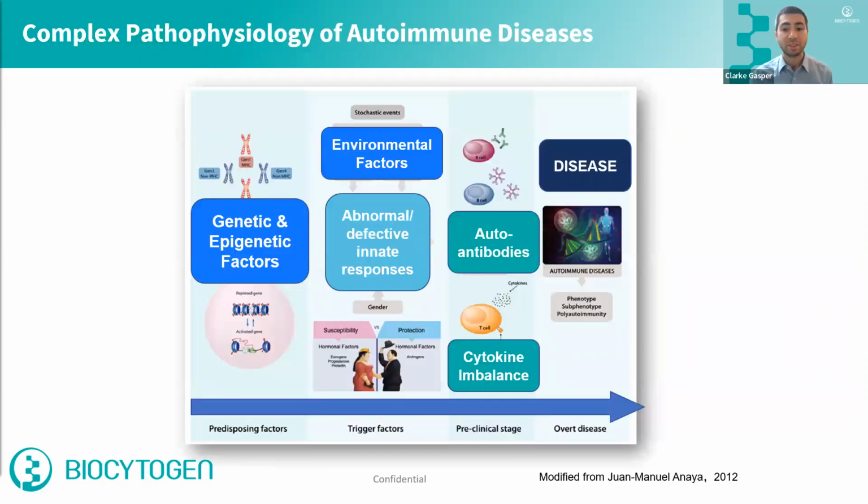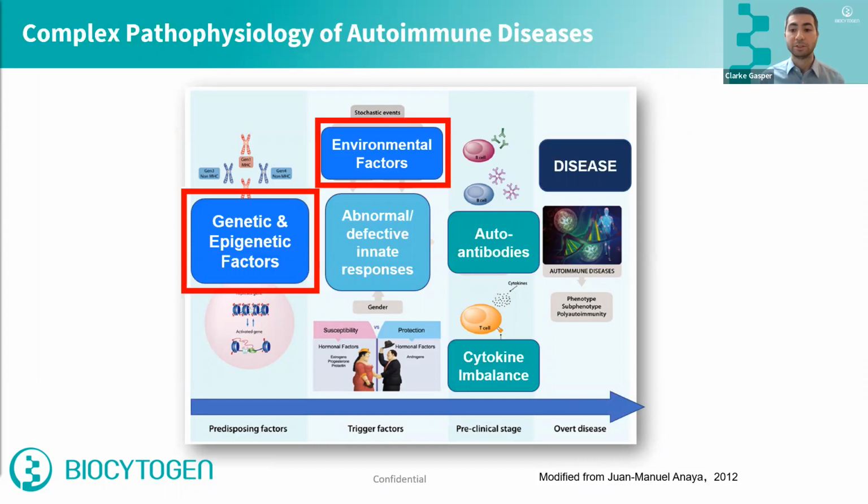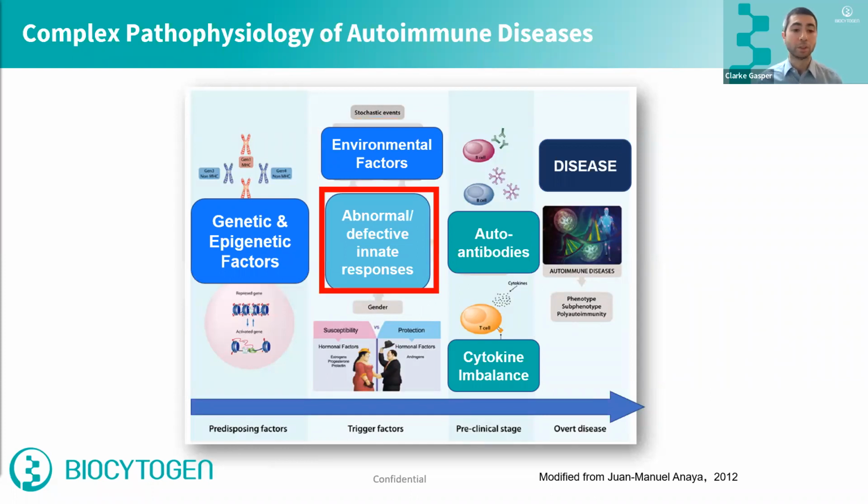Autoimmune diseases have a complex pathophysiology and are thought to arise from a combination of genetic or epigenetic factors and various environmental triggers, such as infection, smoking, and diet. These initial triggers can cause abnormal or defective immune responses that can cause a decrease in the expression of self-antigens by the thymus.